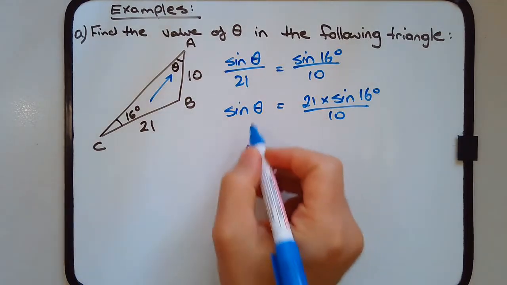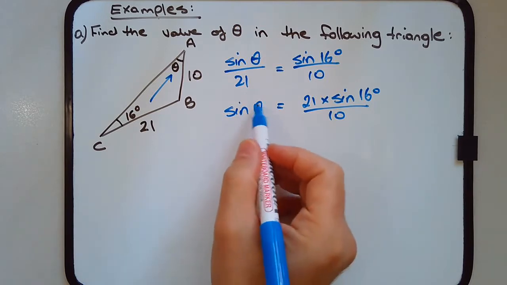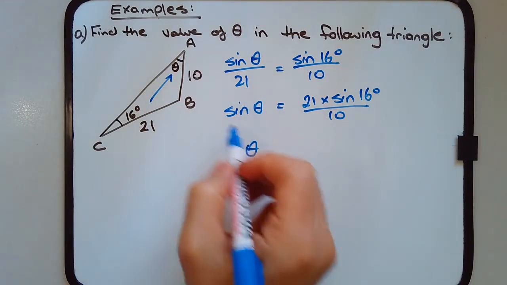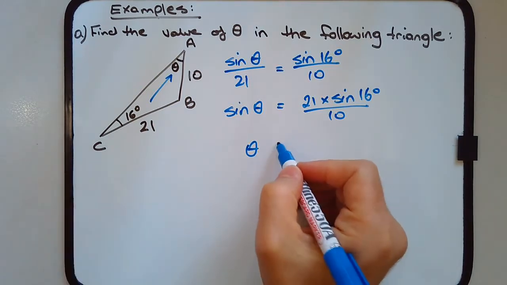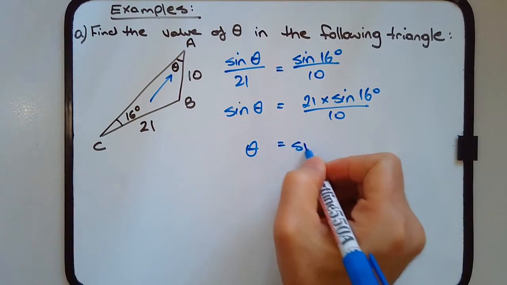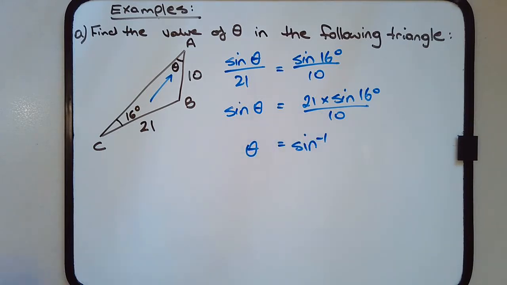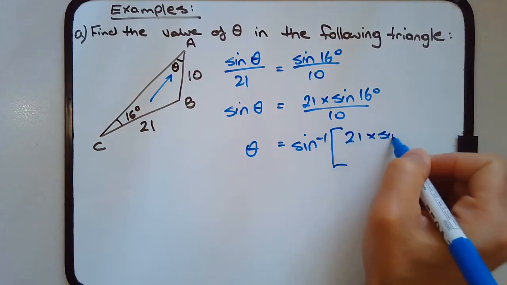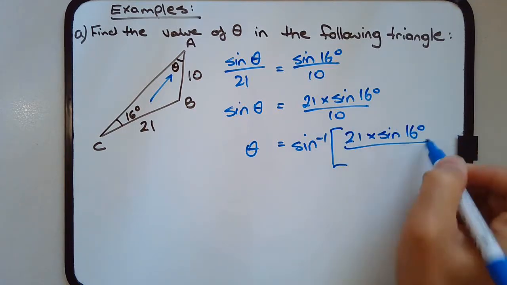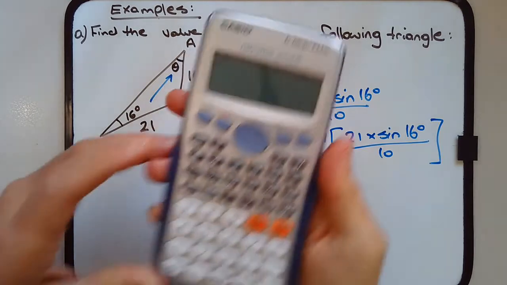Now, theta needs to be made the subject of the formula. In order to do that, if you want to find theta given sine of theta, you take the inverse sine, shift sine on your calculator. So the sine moves over and becomes inverse sine of 21 multiplied by sine of 16 degrees over 10, and that gets entered as is on your calculator.